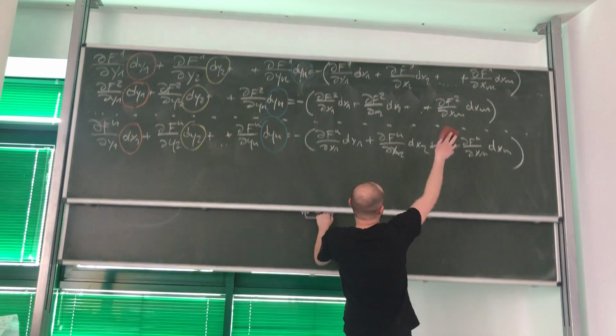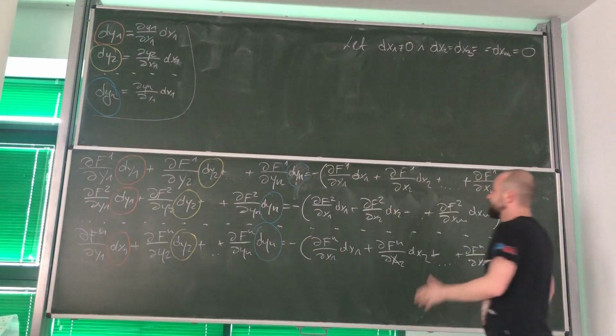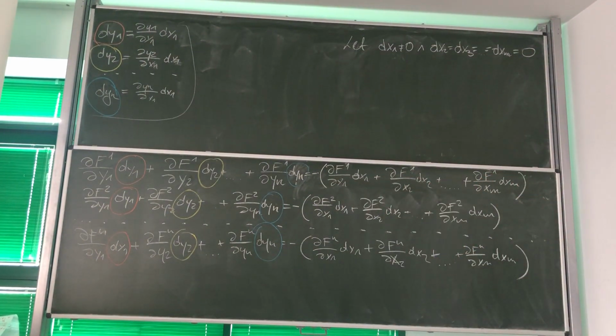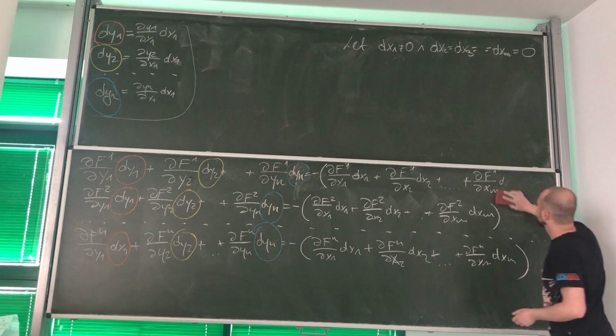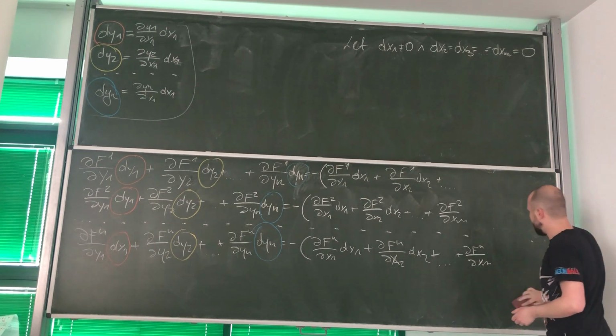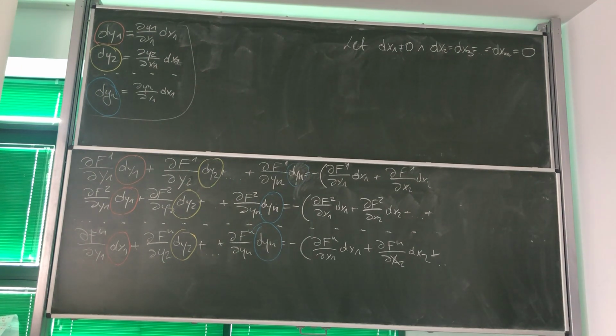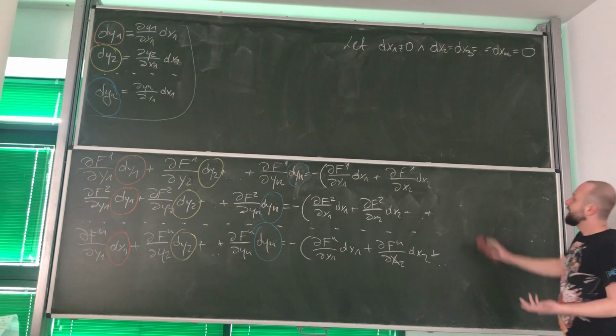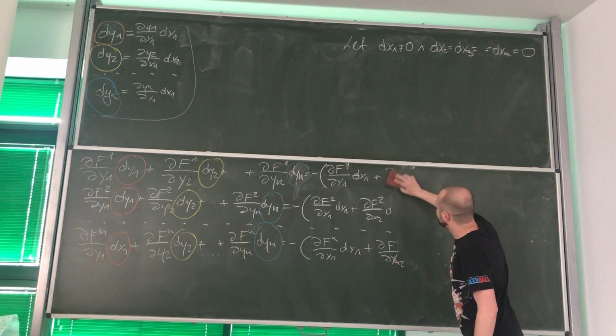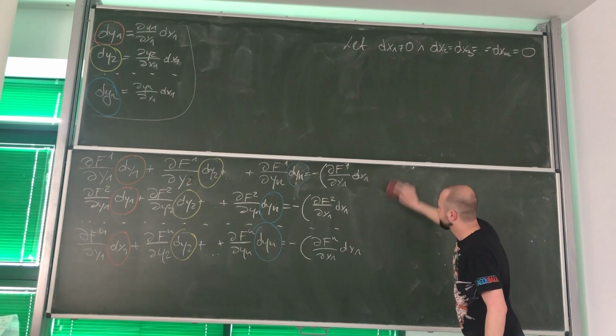Okay, let's go over here. As you can see here, we've got a very, very similar situation. All the dxm's are gone, so this part is gone. All dx2's, dx3's, dx4's, up till dxm's are equal to 0.